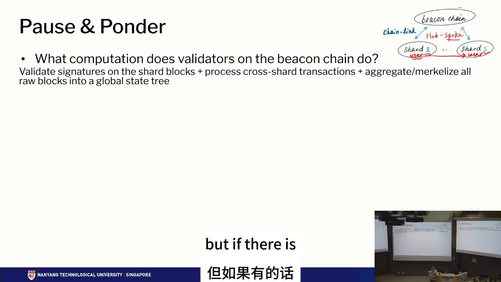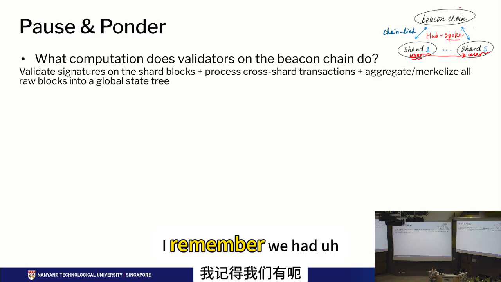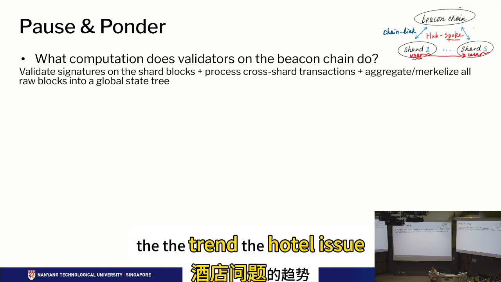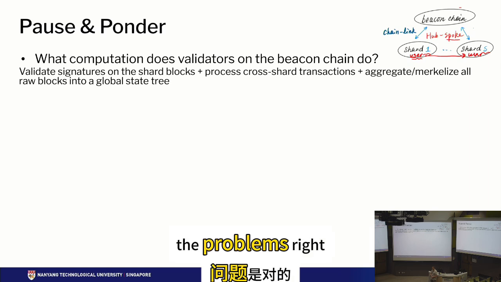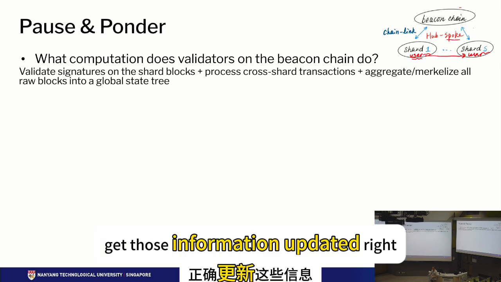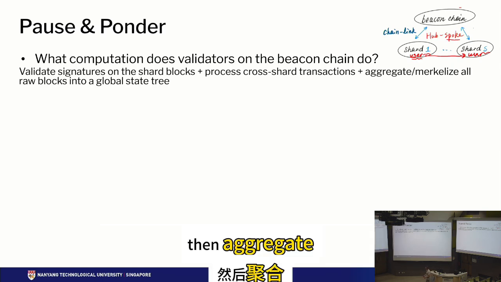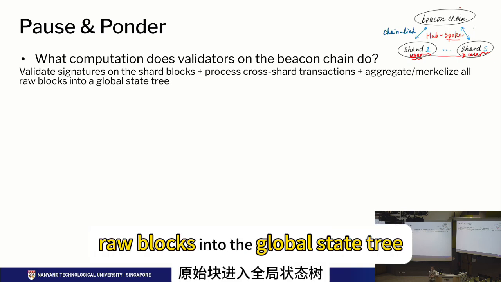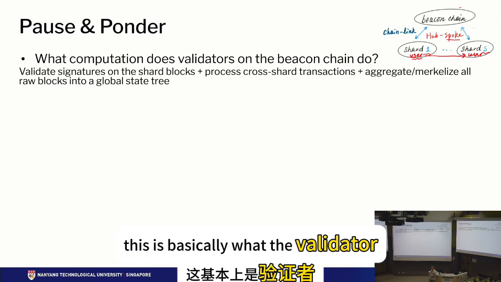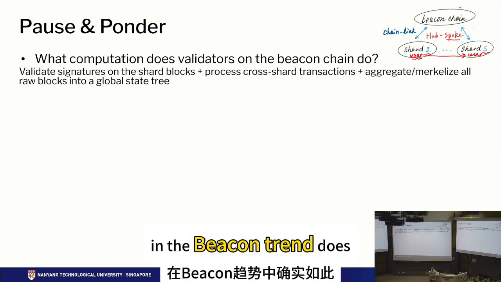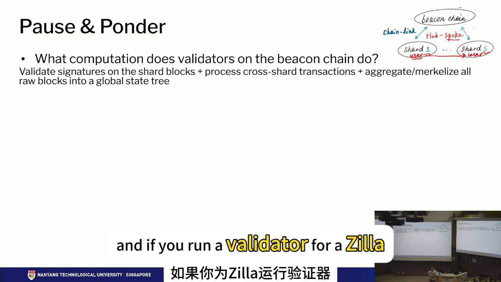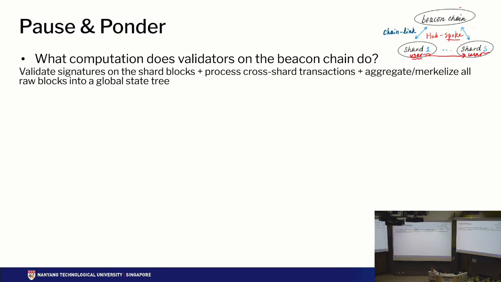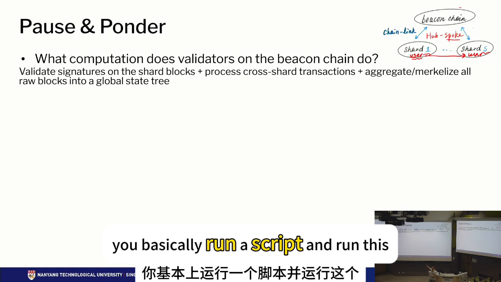But if there is, I remember we had the train and hotel problem. We need to make sure that information is updated. And we also aggregate and merkleize all the raw blocks into the global state tree. This is basically what the validator in the beacon chain does. If you run a validator for Zilliqa, you basically run a script and run this.